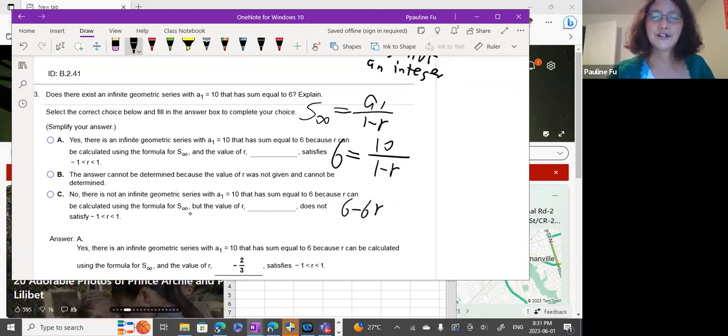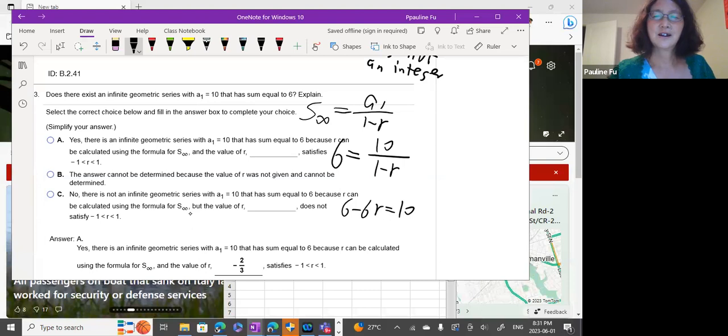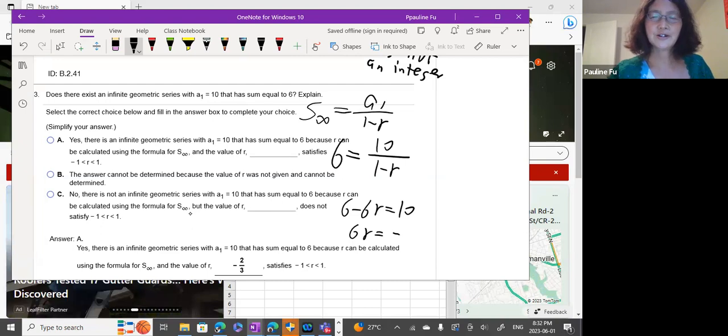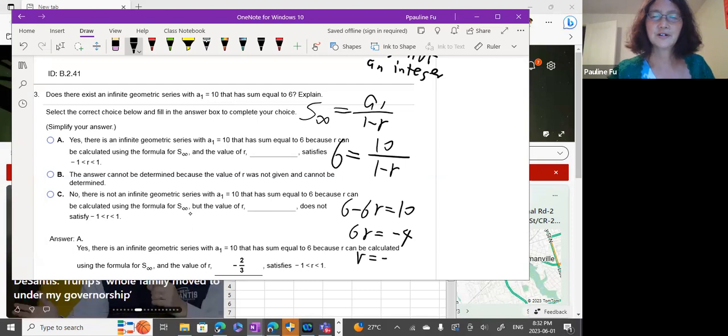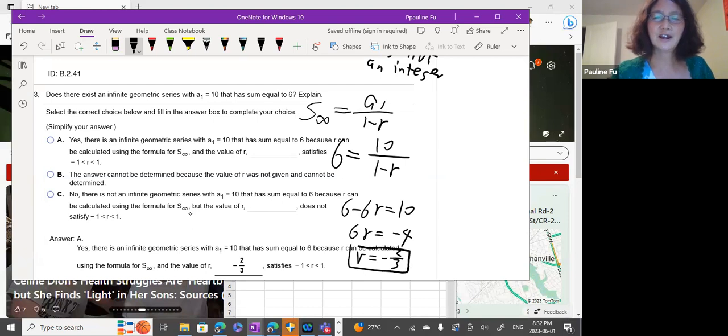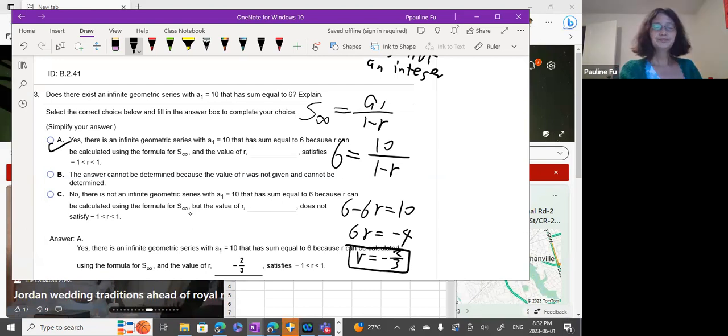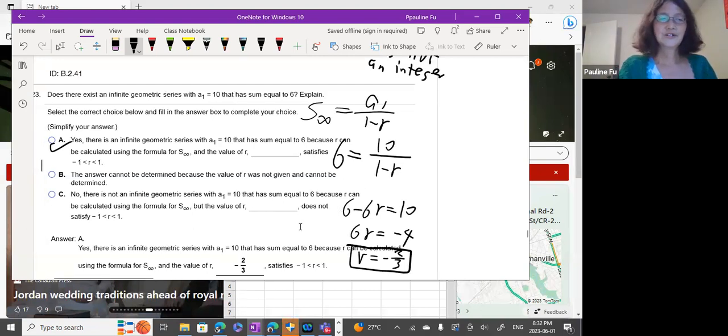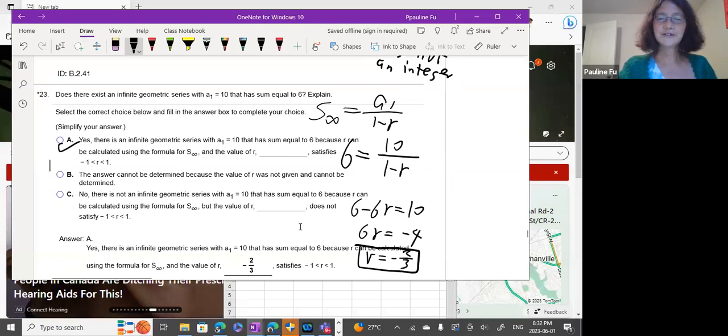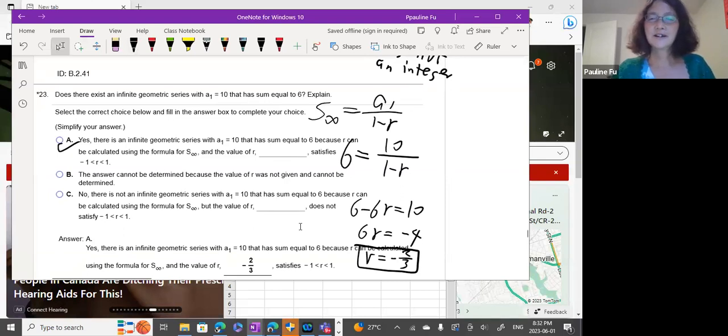So 6 minus 6r equals 10, 6r equals -4, so r equals -4 over 6, which is -2 over 3. So yes, there is such an infinite series. So this is our last question. Any questions?